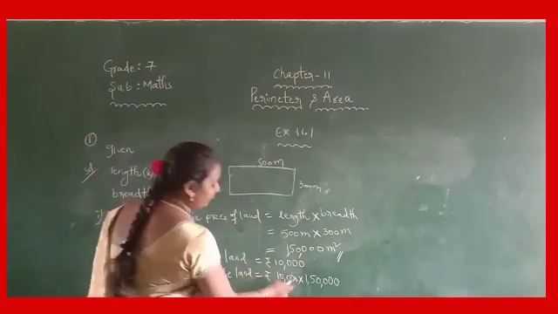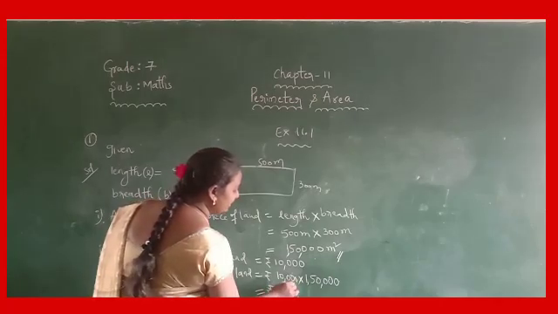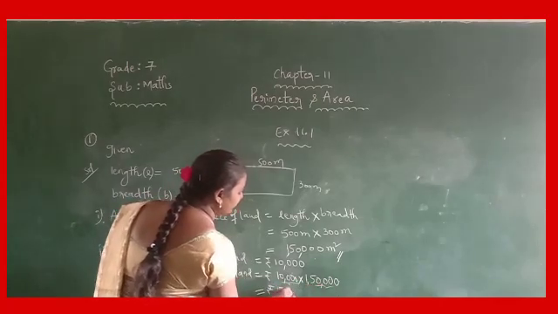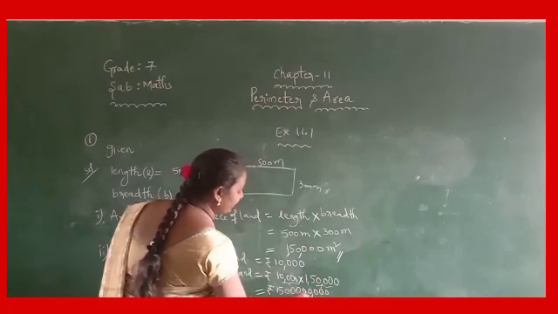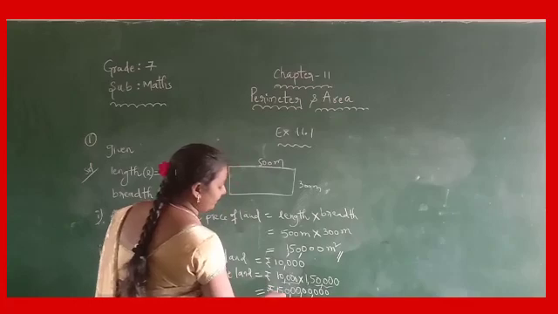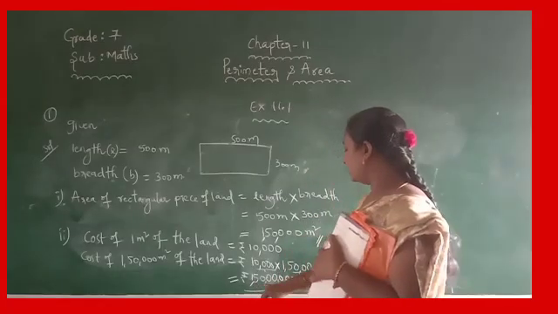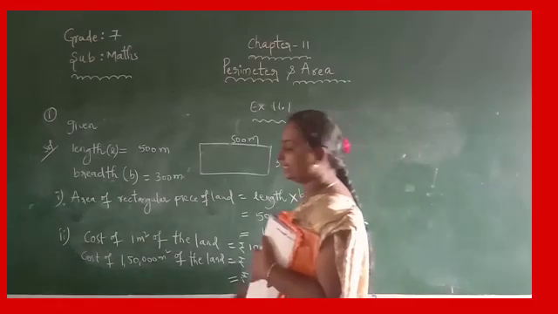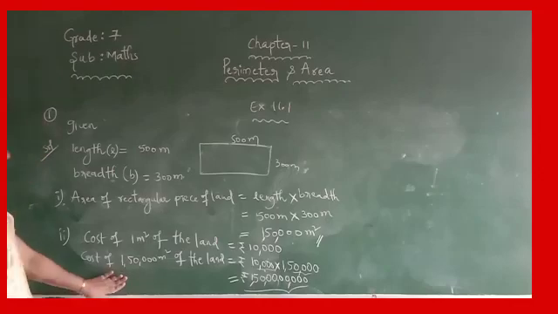So after multiplying, you get 15 ones, 15. How many zeros here? 4 here, 4, 8 zeros. So then read how much cost? 1,500,000,000 rupees. So that much cost will be taken for the land.